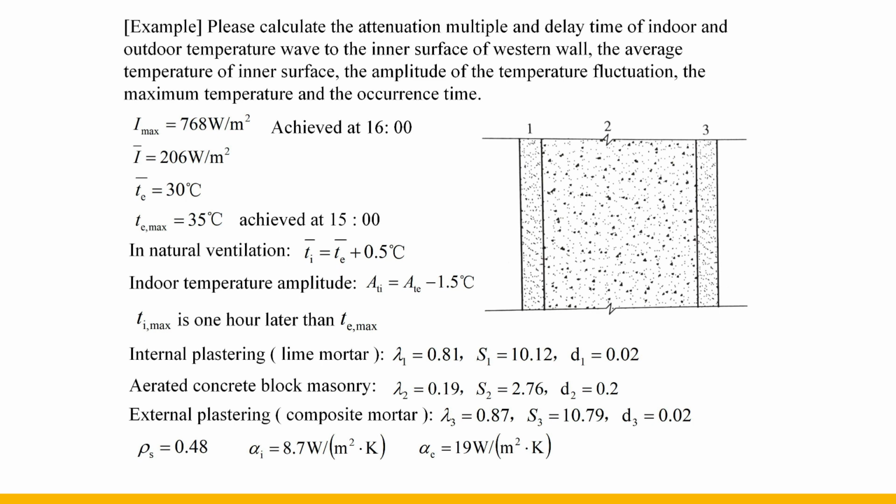Secondly, the attenuation multiple and delay time under the action of outdoor wave and indoor wave are calculated respectively. Finally, the two harmonics are superimposed and corrected to obtain the inner surface temperature and its occurrence time.